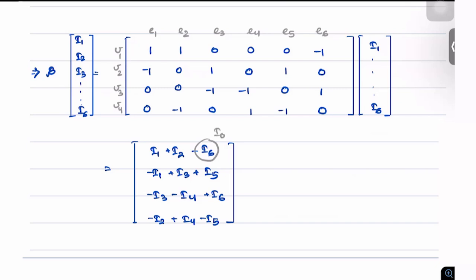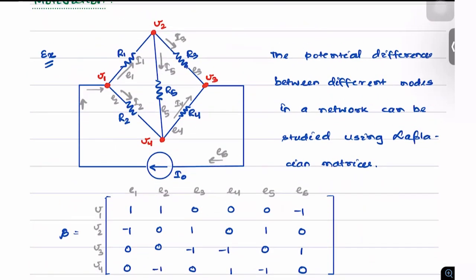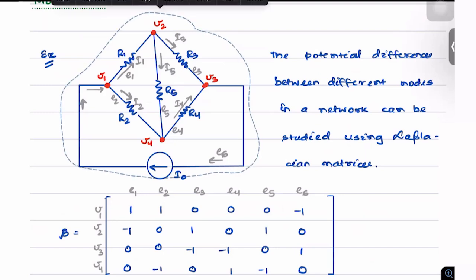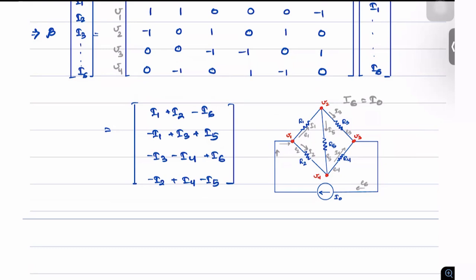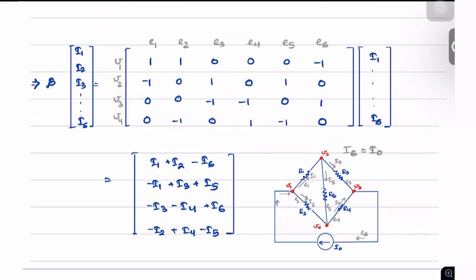But for now, let us just write it as I6. So let us write it here. I6 is equal to I0. Now what do these currents represent? Well, so that we can easily understand, let me bring the circuit here and draw it right here. Let us take a look at this circuit again. What do we observe?